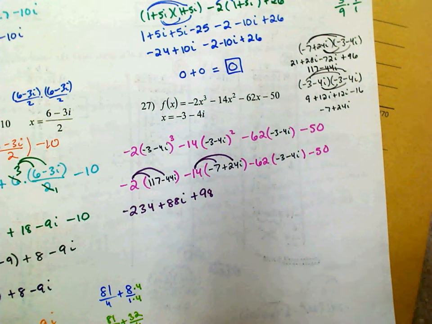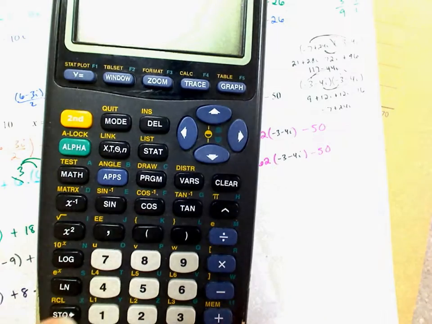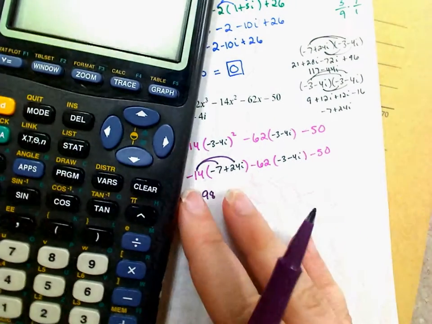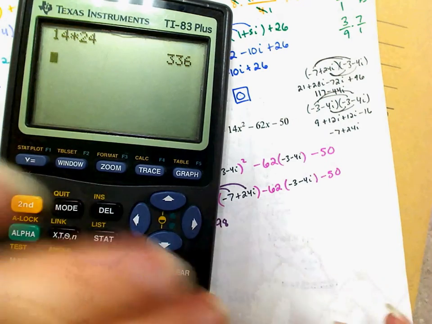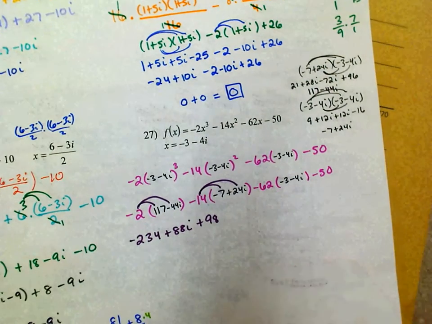So 240 plus 96, so 336. Yeah, there you go. 14 times 24, 336. So I've got negative 336i.